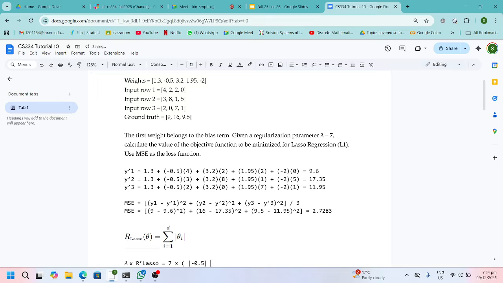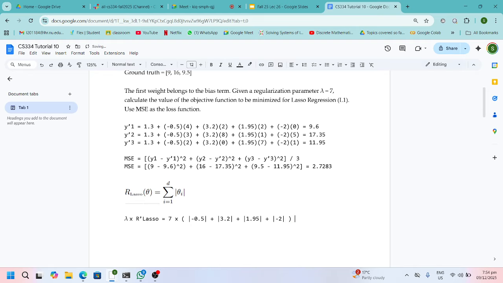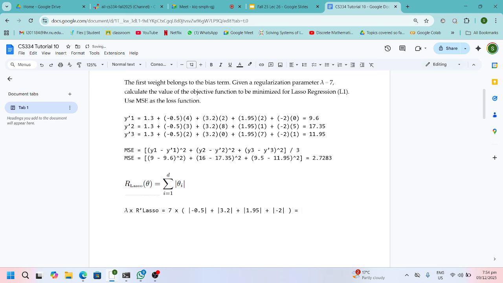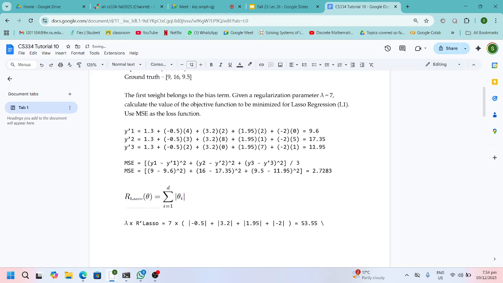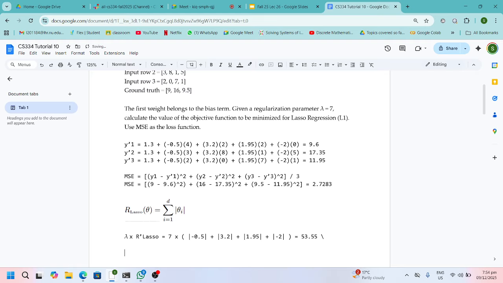Minus 0.5 की absolute value plus 3.2 की absolute value plus 1.95 की absolute value plus minus 2 की absolute value. As simple as that. And this is what the output comes out to be, 53.55. Are there any questions up until this point?